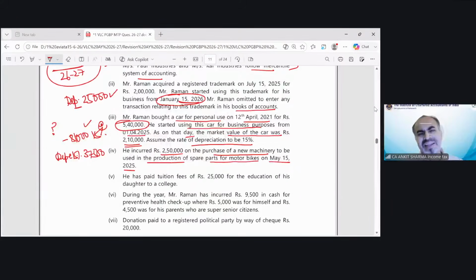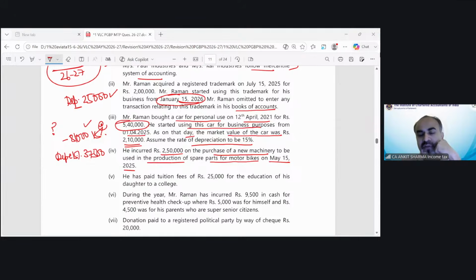Is there anything else we can claim on this plant and machinery which is used for production? Garv is saying add-on depreciation. Vishaka is saying additional depreciation. Nikita is saying additional depreciation.